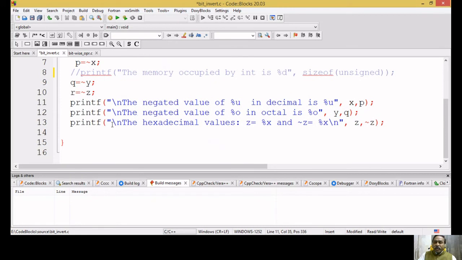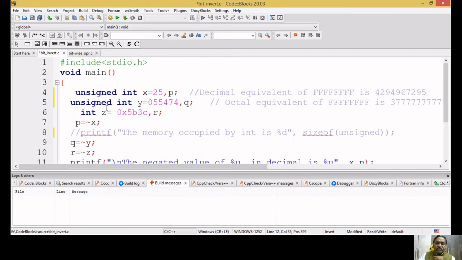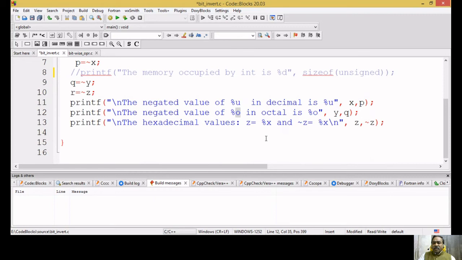Next, shall we run this program? For decimal, I have used %u. For octal, I have to use %o. Even in scanf you can use these, but in this program we have not used scanf here. We'll use it elsewhere and demonstrate. Here I have taken values inside the program itself, right? Remember, in printf for octal, o is to be used, whether lowercase or uppercase doesn't matter.